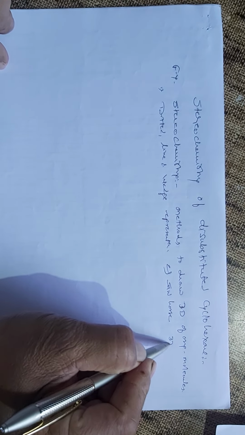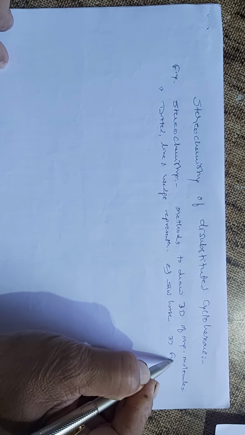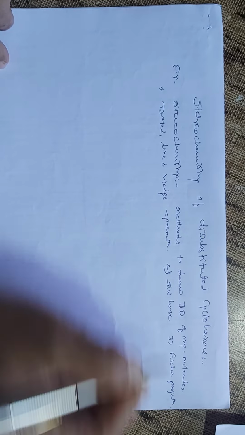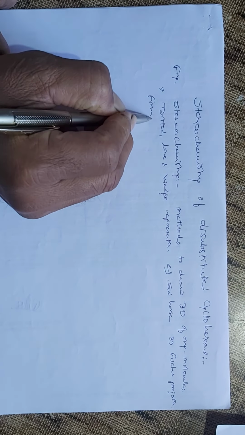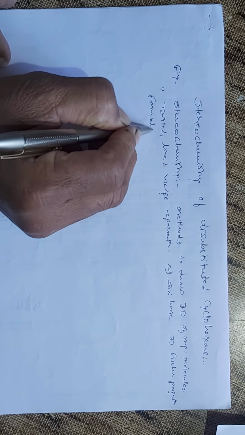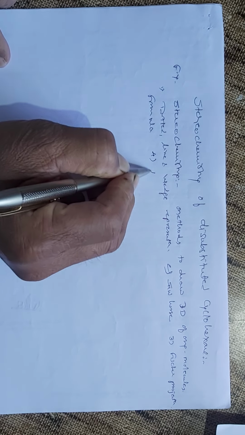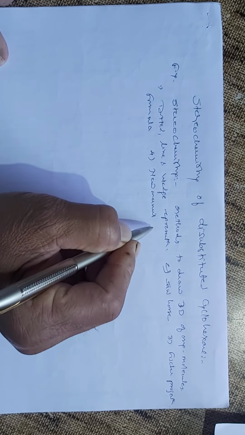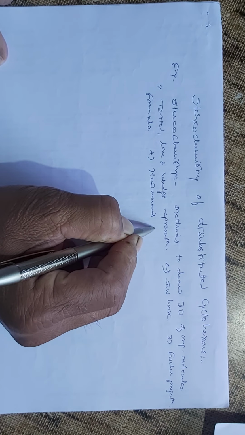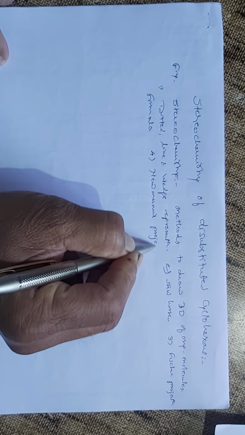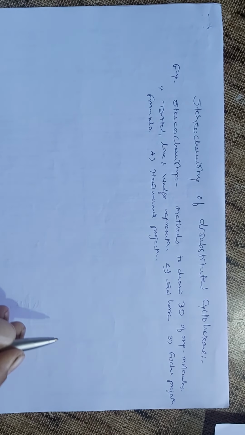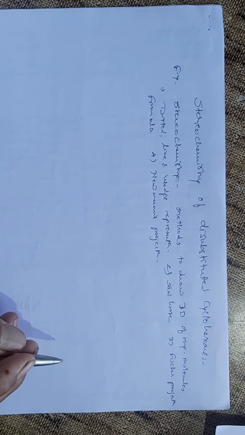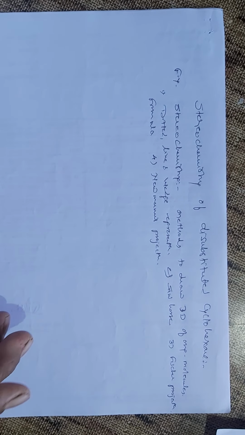Then we used Fischer's projection formula, and then we used Newman's projection formula. So, by using all these different methods, we are able to draw the structures of the organic molecules in a three-dimensional way.